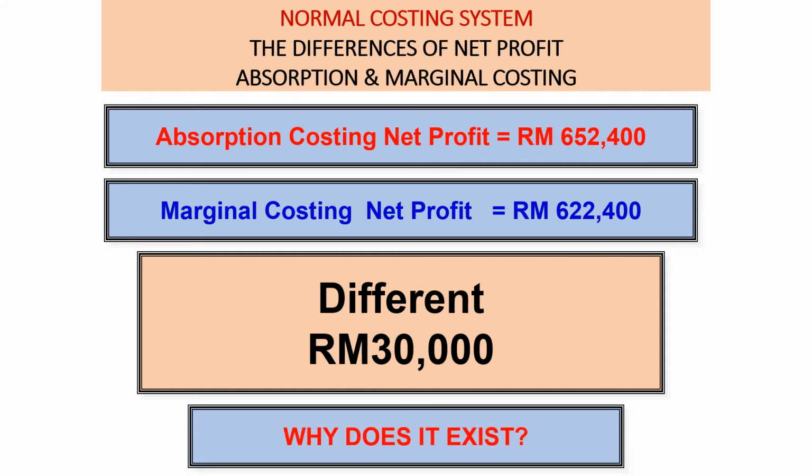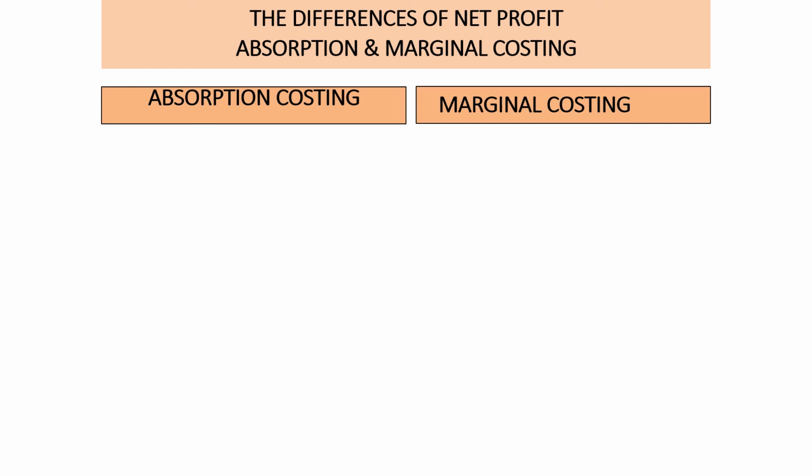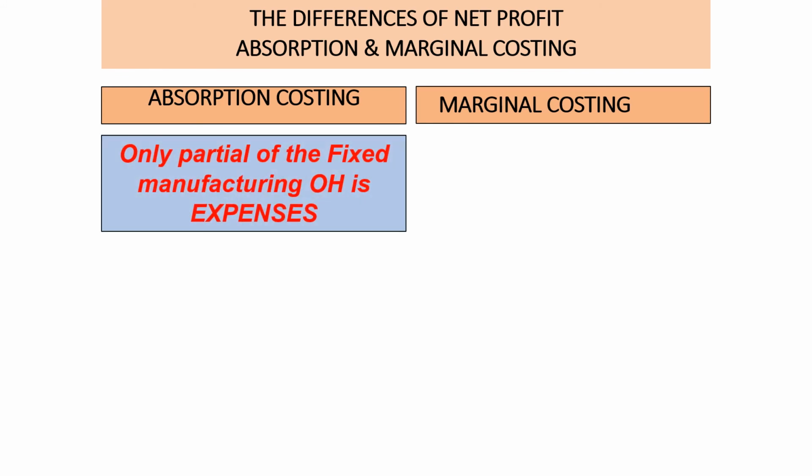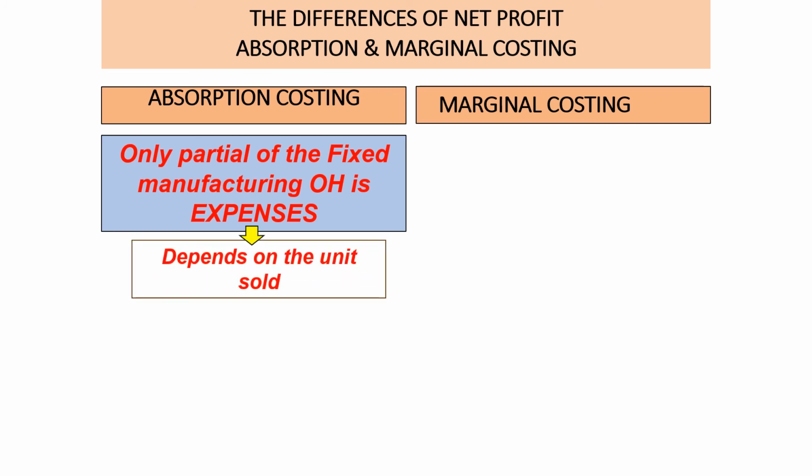Why does the difference of net profit between absorption and marginal costing exist? Under absorption costing, only part of the fixed manufacturing overhead is expensed, depending on the units sold.